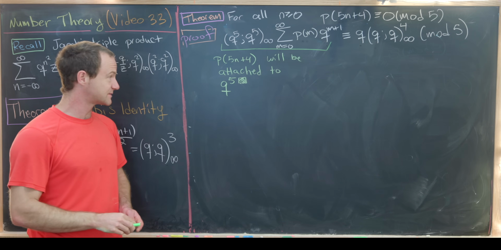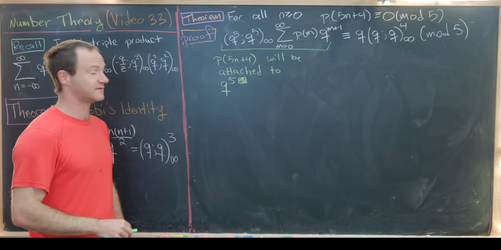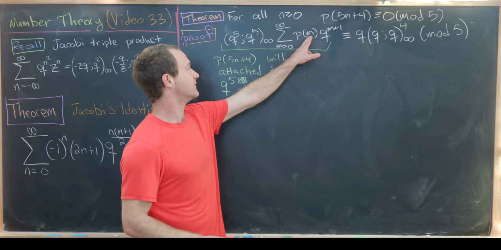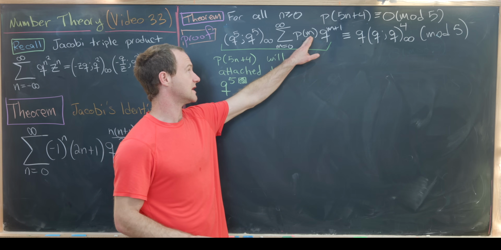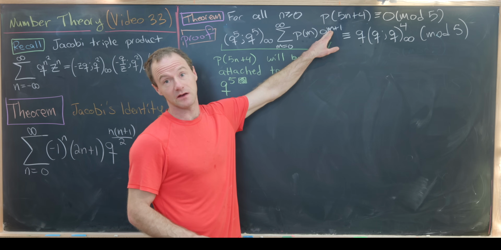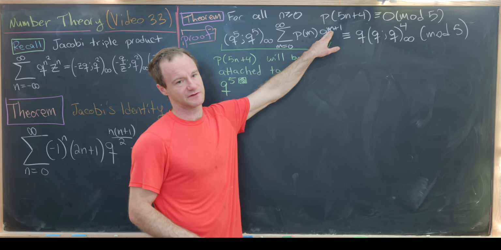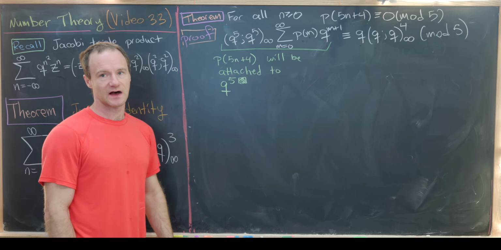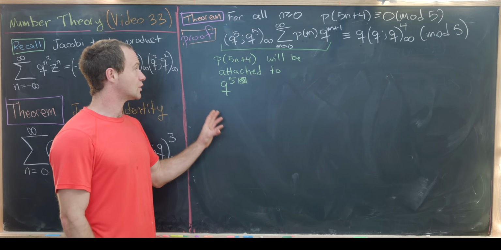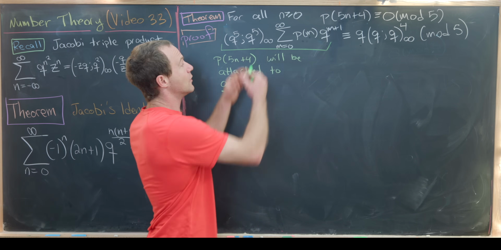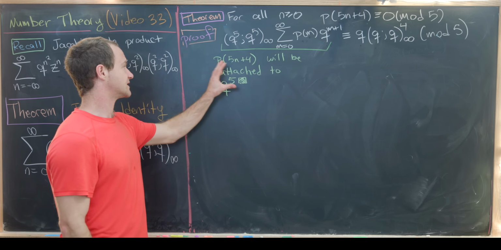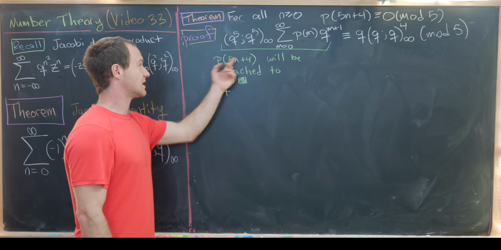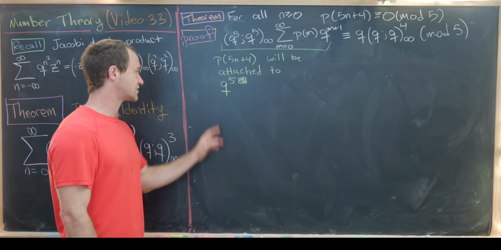In other words, the exponent of q will be a multiple of 5. Why is that? Well, if we have a number of the form 5n+4 in here, then we'll have 5n+5 out here. That's a multiple of 5. But then this object only gives us multiples of 5 in the exponent. So when all is said and done, both of those give us multiples of 5. And so that's why in this big expansion, partition numbers of this form will only be attached to q^(5 times something).